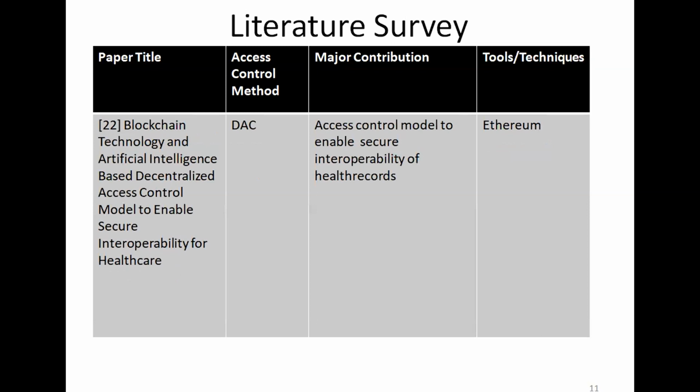In the same way, in this paper, a discretionary access control method is used, and the major contributions are based on the access control model, which provides interoperability for the different health records.